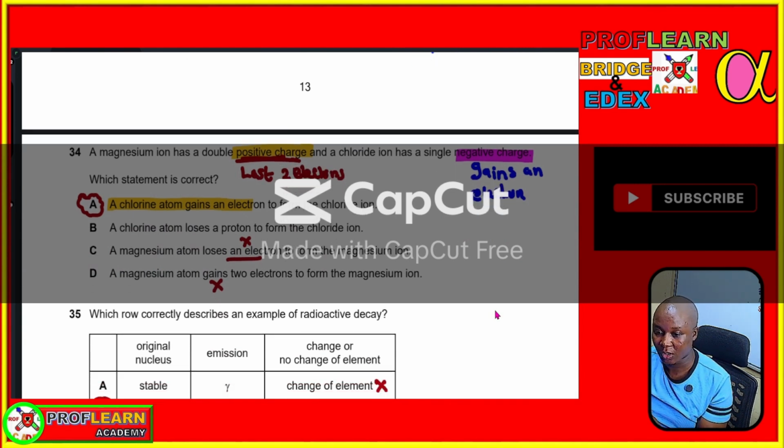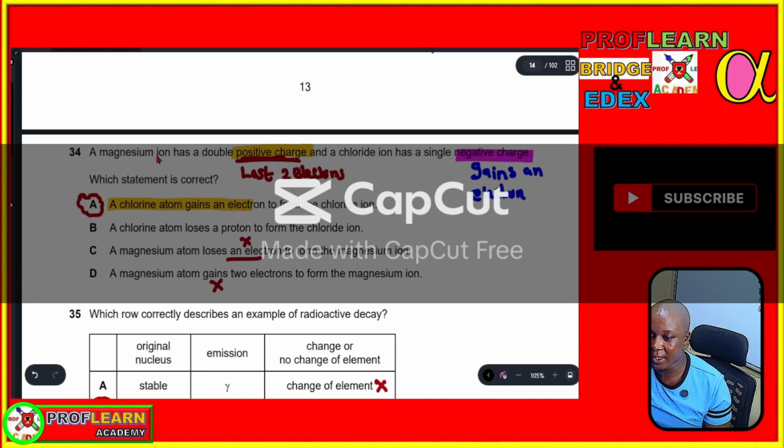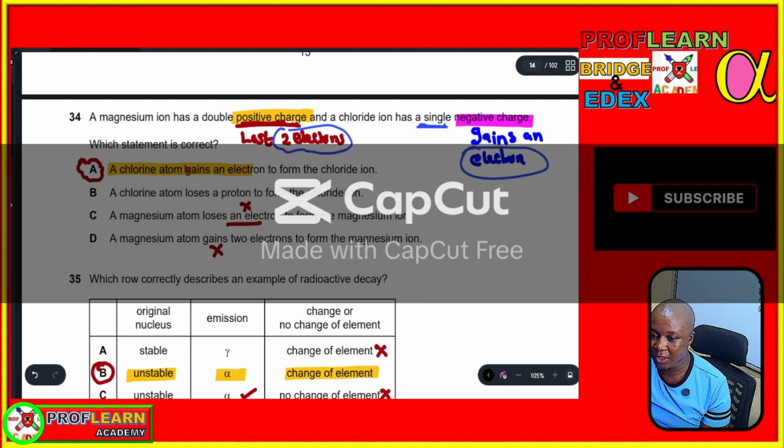A material becomes positively charged when it loses electrons, and it becomes negatively charged when it gains electrons. So we are told that the magnesium ion has a double positive charge, meaning it has lost 2 electrons, and the chloride ion has a single negative charge, so it has gained an electron. In that case, which statement is correct? Chlorine gains an electron to form a chloride ion. Chlorine atom loses a proton, that's wrong.